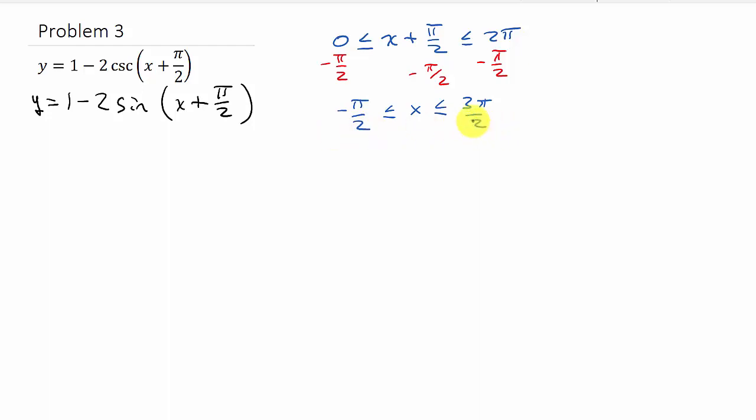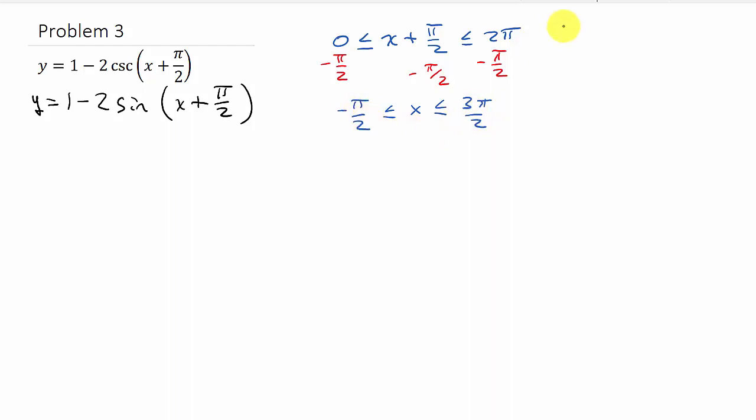And if you're asked for the phase shift, this negative pi over 2 is your phase shift. To get the period, you can do 2 pi over b like you normally do, or you can just do this minus this, and that'll give you the period.